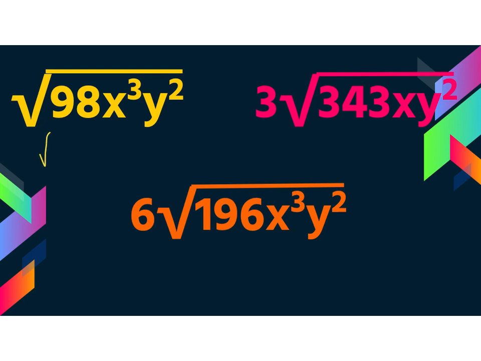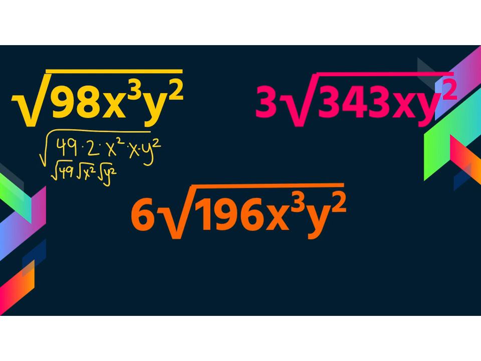So I'm going to rewrite this as the square root of 49 times 2 times, remember we're going to break x cubed up into x squared and x, and then I have times y squared. All right, now when I break this up, I'm going to rewrite it as the square root of 49 times the square root of x squared times the square root of y squared.